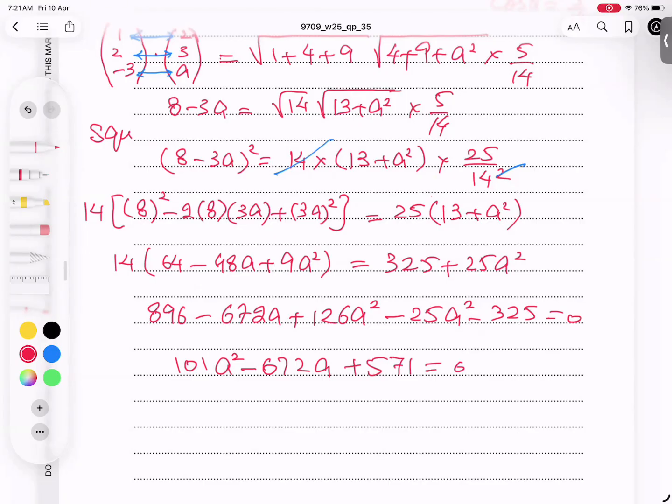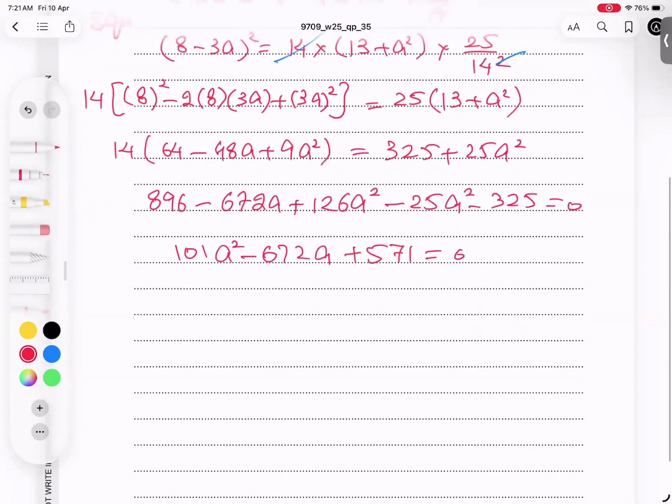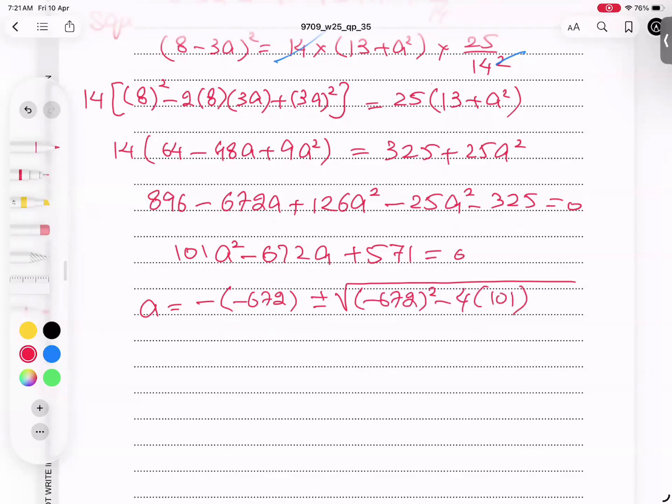But now what do we have to find? We have to apply the quadratic formula: negative b plus and minus square root of b square minus 4ac, by 2a. Minimum this step you have to show, and after that, when you type in the calculator or use the mode function, you can check the answer.